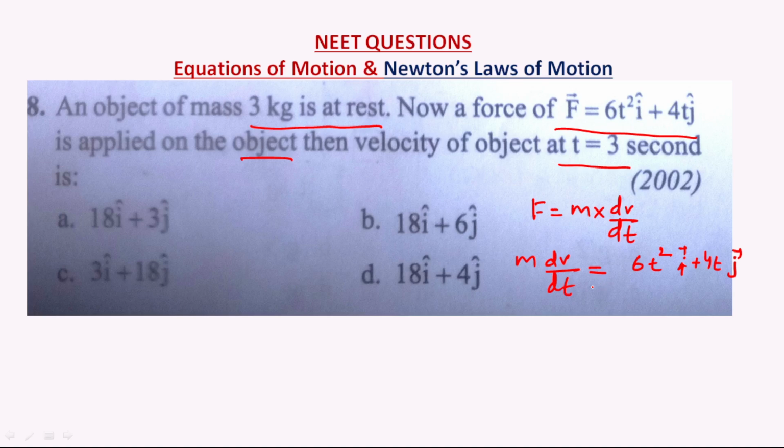Now m is already given, that is 3 kg, and dv we are writing, and this one will become 6t square i plus 4t j and dt. Now integrate both sides.